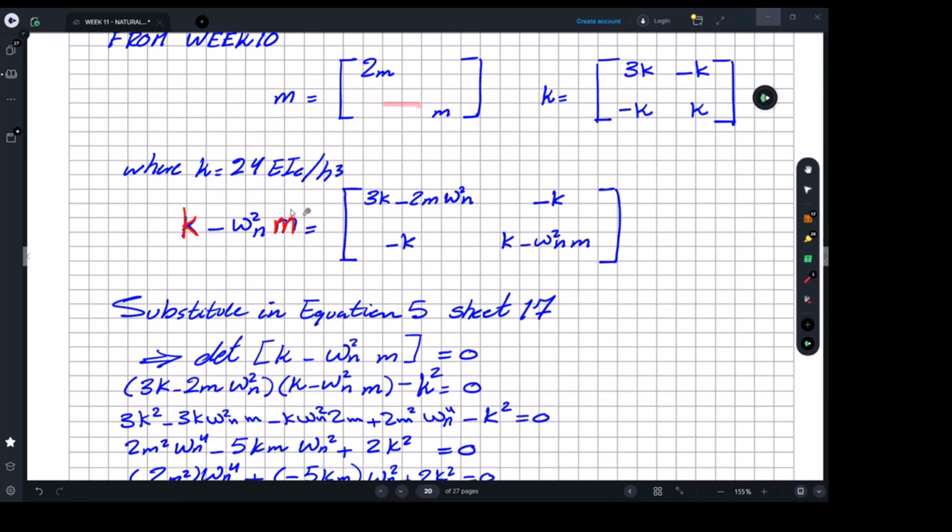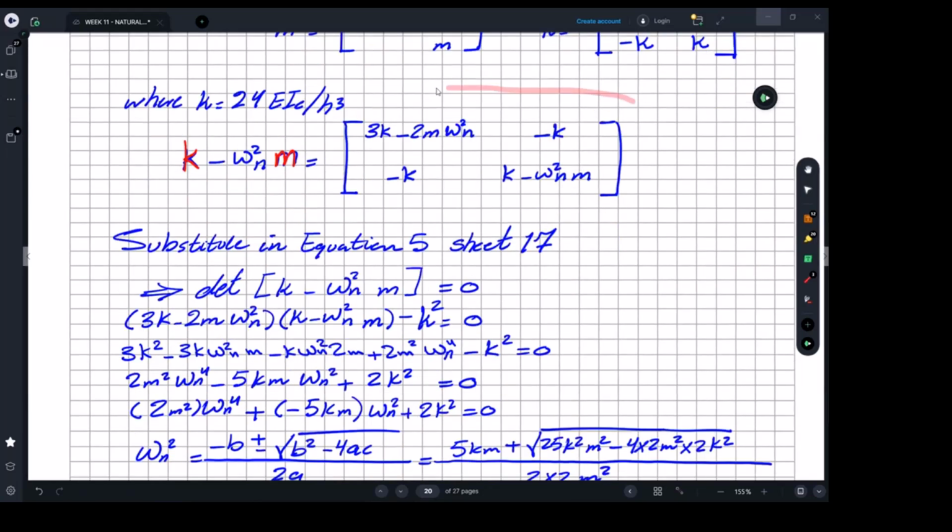So this is 0. This one, same. We got negative k and we got nothing from the mass. So you're going to end up having this side is 0 and you're going to end up having negative k. This part of the matrix is coming from 1 unit of k and 1 unit of mass. So if you substitute it into this equation, it's just going to be k minus omega square. Right? So this is our matrix.